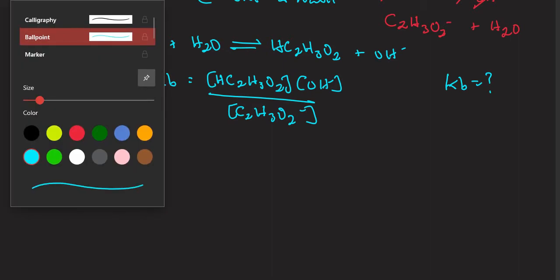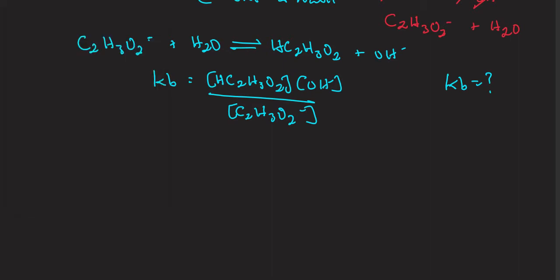But what we do know is that there is a relationship between Kw, Ka, and Kb. We know what Ka is, and we know our Kw constant, so we can figure out Kb. That's just Kw divided by Ka.